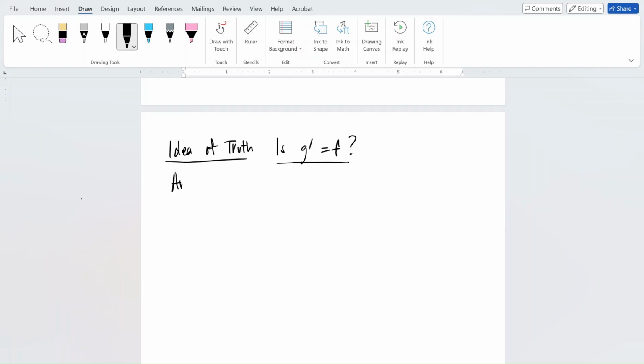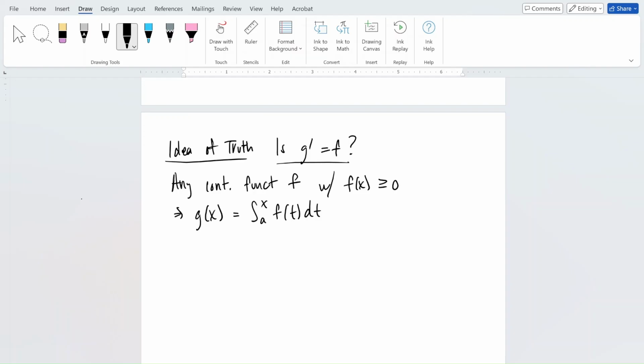Well, let's take any continuous function f with, for simplicity, function values greater than or equal to 0. This tells us that g of x, which is the integral from a to x of f of t dt, is going to be the area under the curve.